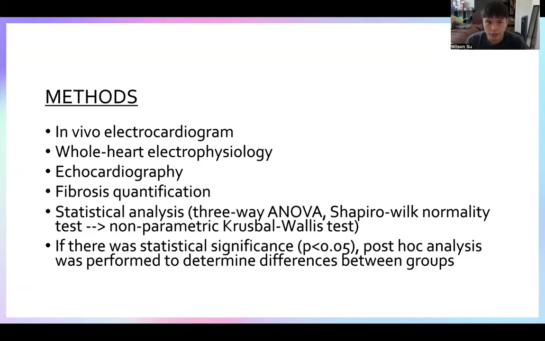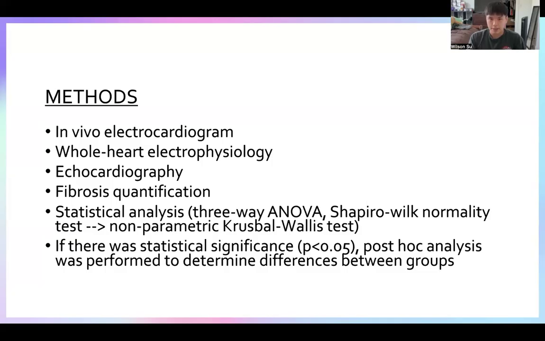If you know what an echo is, there's a machine that makes sound waves and produces an image for you to see. And then the fibrosis quantification, which we'll get into later, but mainly they use staining to figure out what parts of the heart were developing scar tissue.